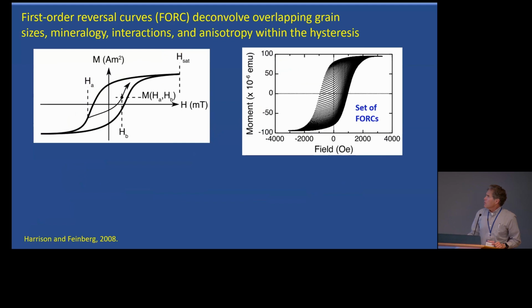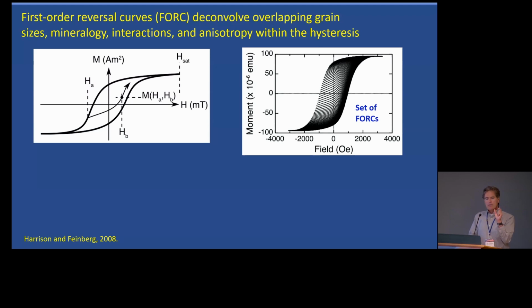Okay, so the next thing I'd like to talk about are these first order reversal curves. Rather than walking through all of these figures, I want to give you the idea that we're showing on the left-hand figure a relatively fat hysteresis curve compared to the lunar soil hysteresis curves, which are extremely narrow.